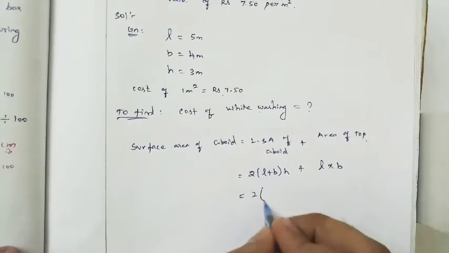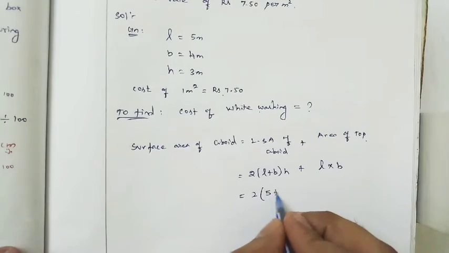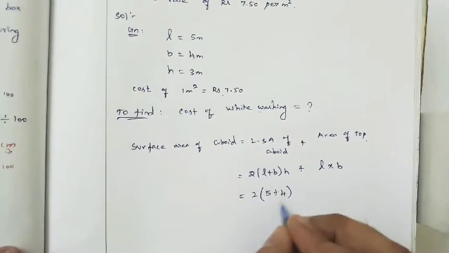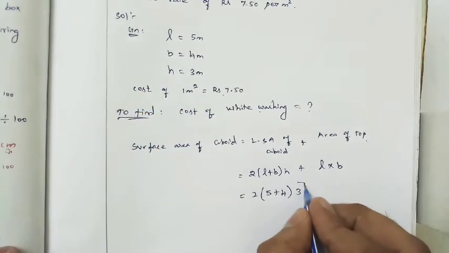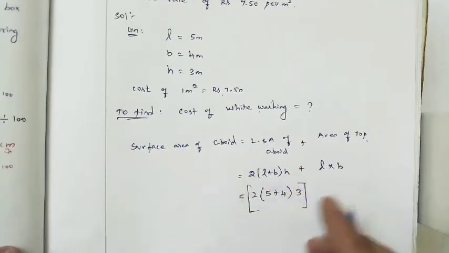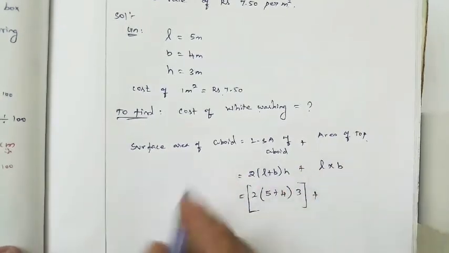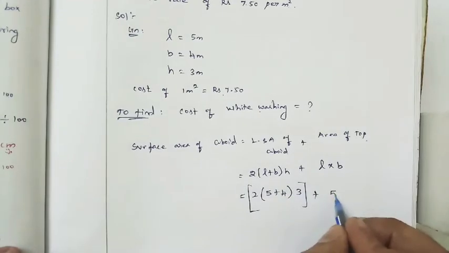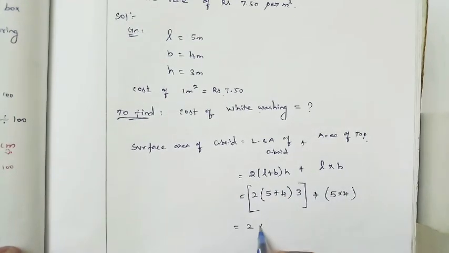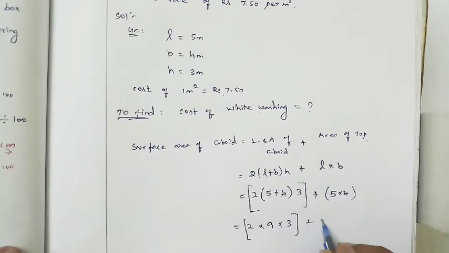It is equal to 2 into L, which is 5, plus B, which is 4, into height, which is 3, close the bracket. This is the first term. Plus the second term L into B, 5 into 4. It is equal to 2 into 5 plus 4, 9, into 3, right, plus 5 4s are 20.